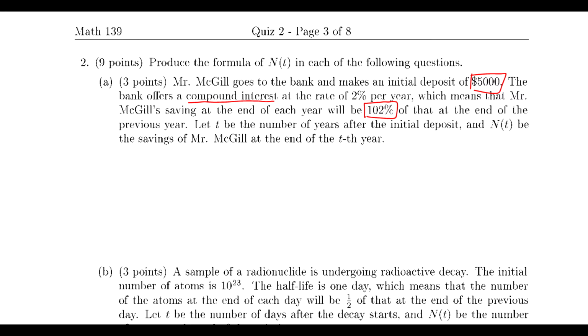So we're going to let t be the number of years after the initial deposit, and our function be the savings at the end of the tth year. So what is the function? Well, first we're going to take our initial starting value, and then we're going to multiply it by the percentage we get per year, so 102%, and we're going to raise it to the power t, since after the second year it would be 5,000 times 102% times another 102%.